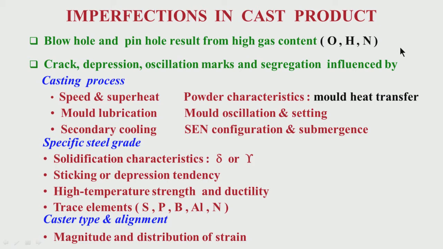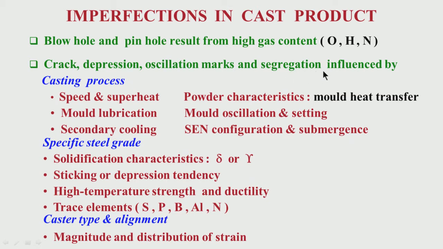Because the solubility of oxygen, hydrogen, nitrogen, carbon and all these alloying elements will be less in solid compared to the liquid. So, solute will move from the solid to the liquid phase. There is a combination of solid and liquid when solidification is taking place. Whenever solidification starts, this is a phenomenon. Segregation starts at that point and it will end only when the solidification is complete.